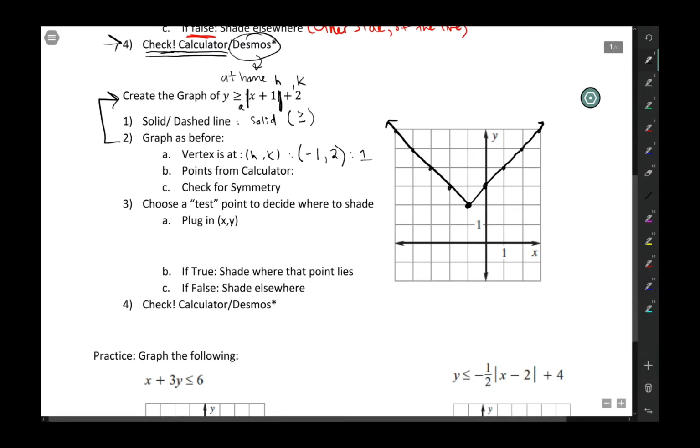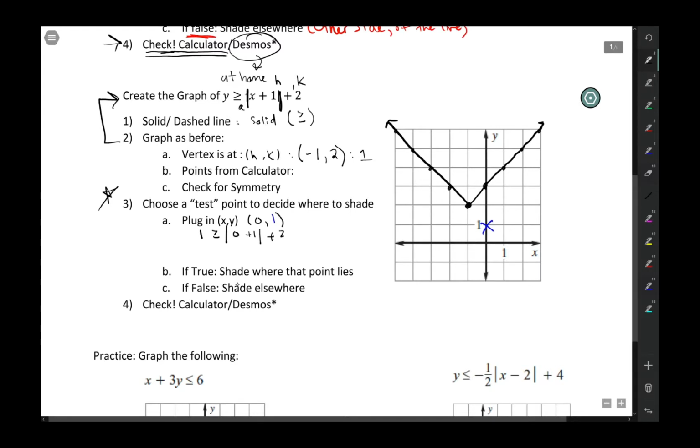And check for symmetry, looks pretty good. Now we're going to decide, again, we can choose any point not on the graph, just for the heck of it, let's pick 0, 1. So is 1 greater than or equal to the absolute value of 0 plus 1 plus 2?